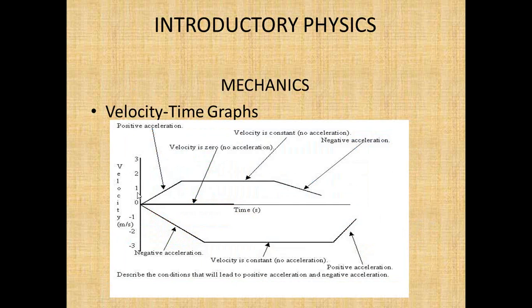You have a positive and a negative. When you have a positive velocity, it suggests a motion from left to right. When you have a negative velocity, it suggests a motion from right to left. Or positive velocity, something moving upwards, a negative velocity, something moving downwards.